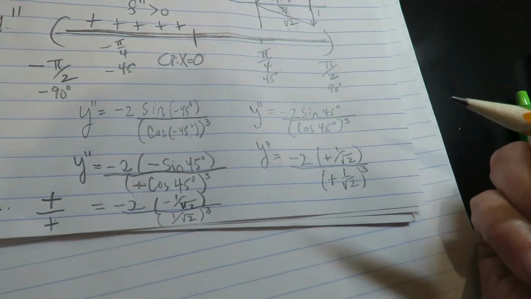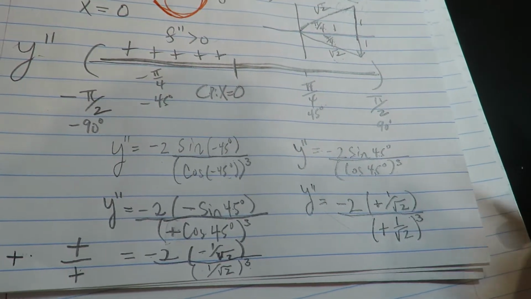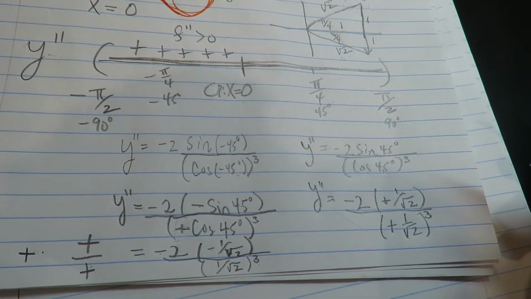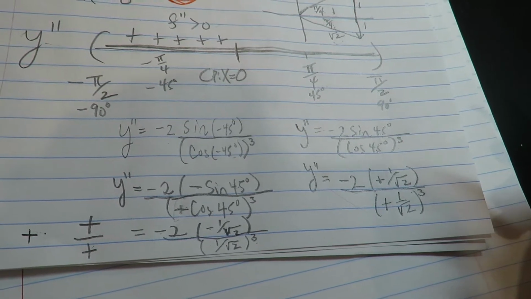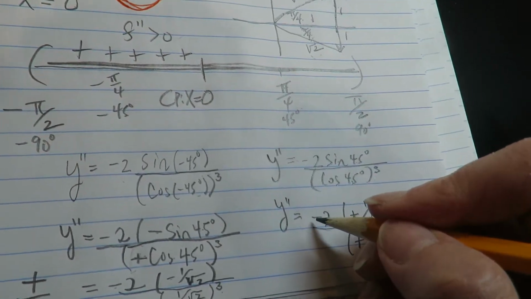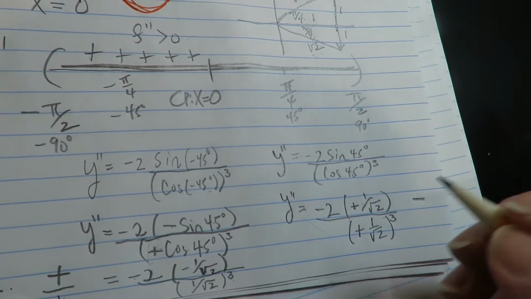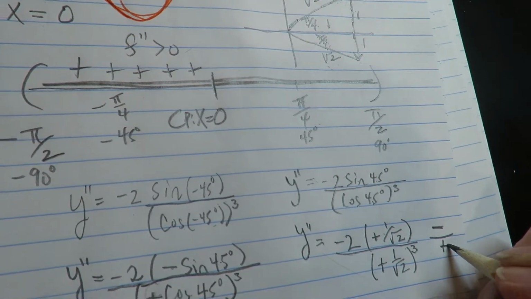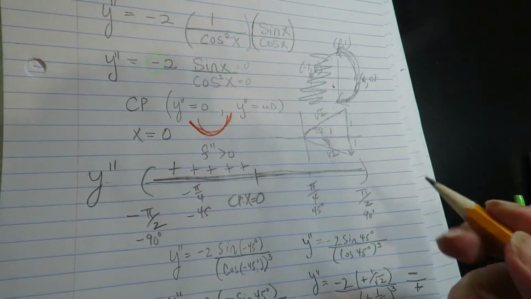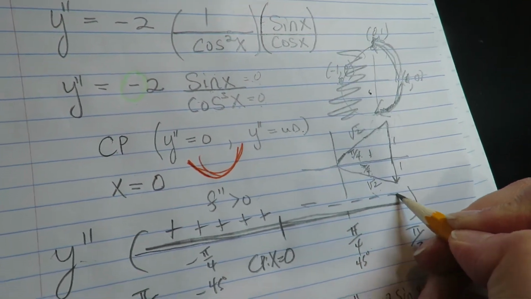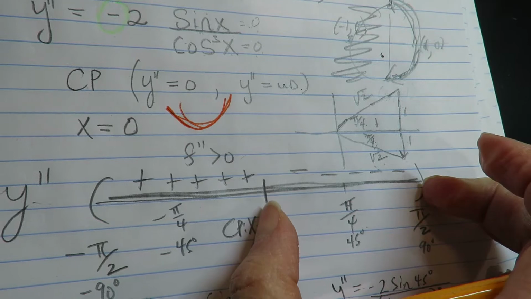Okay, and again, just like what happened before, we just want to know whether it's positive or negative. We don't actually care about the number. All right, so a negative times a positive is negative. The bottom is positive. So you have a negative over a positive. So overall, this is negative in this particular segment.